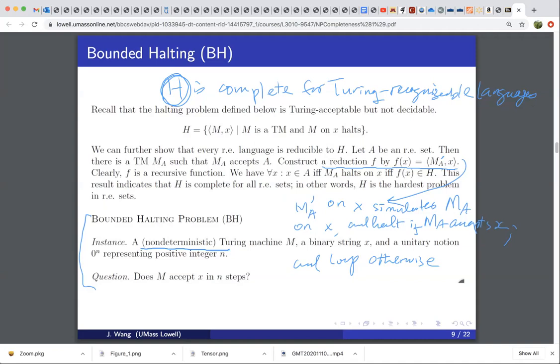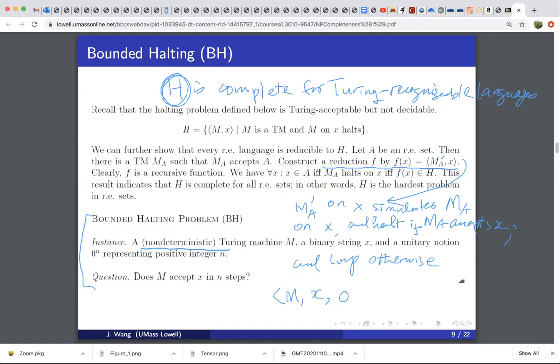So this instance will be a Turing machine M, non-deterministic, and an input X. And also a time bound. So we want to include a time bound here as my input. So that means I'm going to include an integer n.